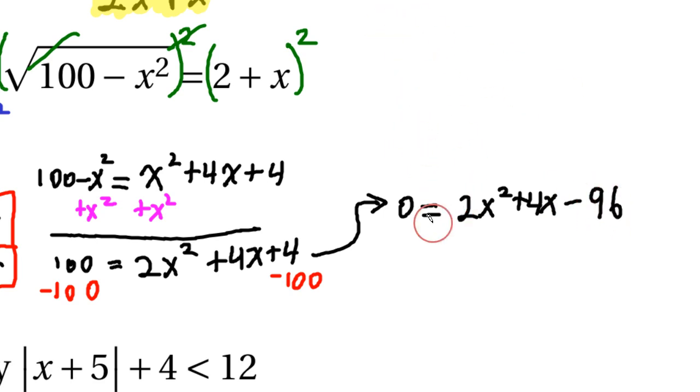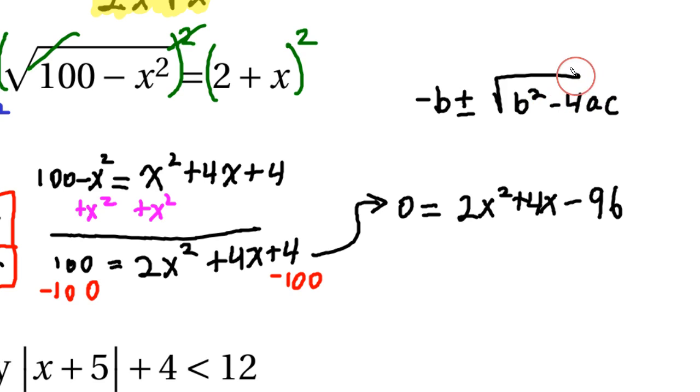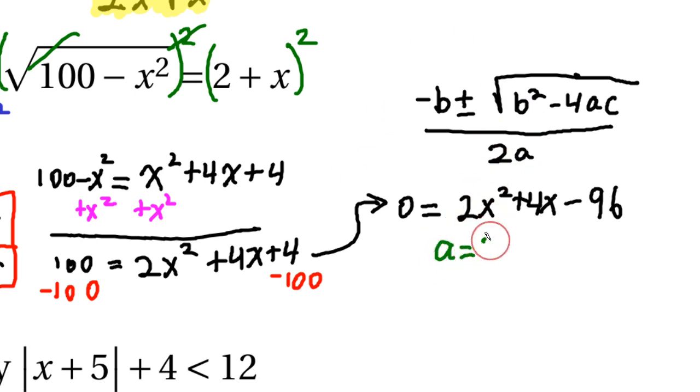Now, at this point, because I don't want to have to factor all of this out, I can just use negative b plus or minus the square root of b squared minus 4ac, all over 2a. And when I look at this equation, I can see that a is equal to 2, b is equal to 4, c is equal to negative 96.